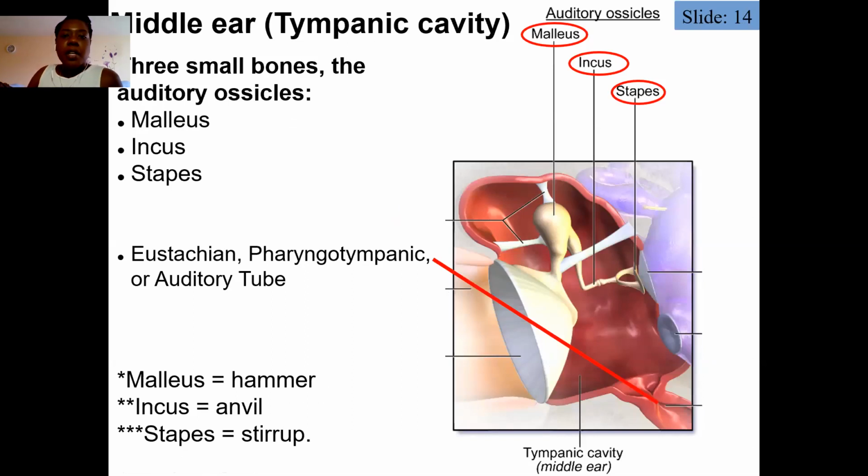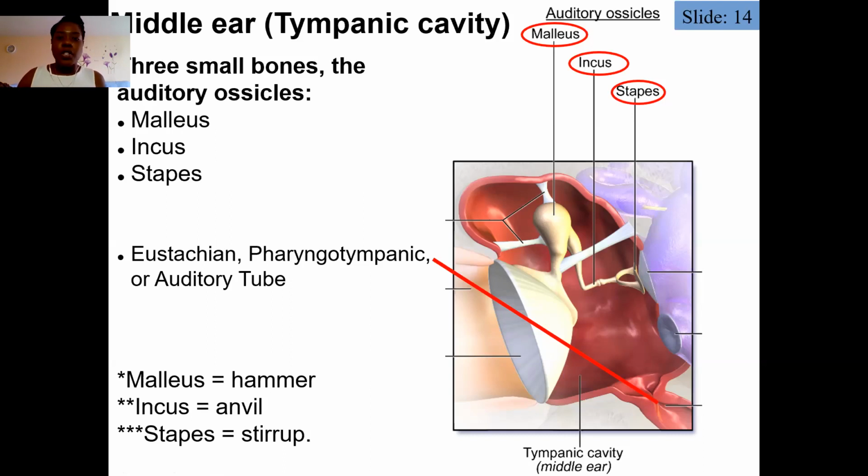Once we enter the middle ear, we encounter the ossicles. There are 3 tiny bones within the middle ear, within the tympanic cavity, which is what the middle ear is also called, that are really small, but they have a really important role. They are connected to the eardrum, and they pick up the vibrations coming from the eardrum, and they are touching one another.